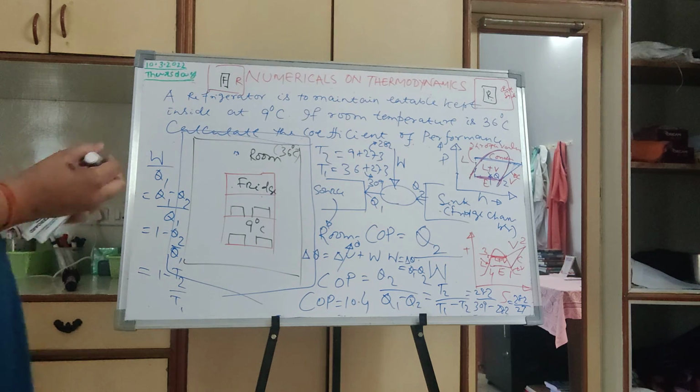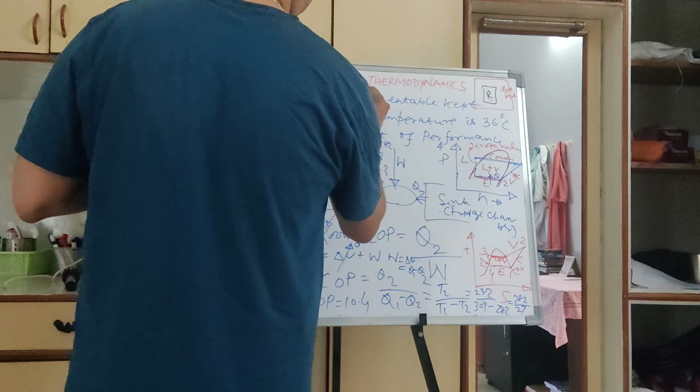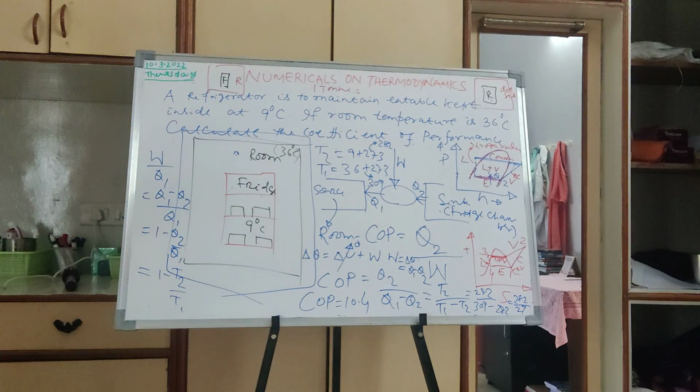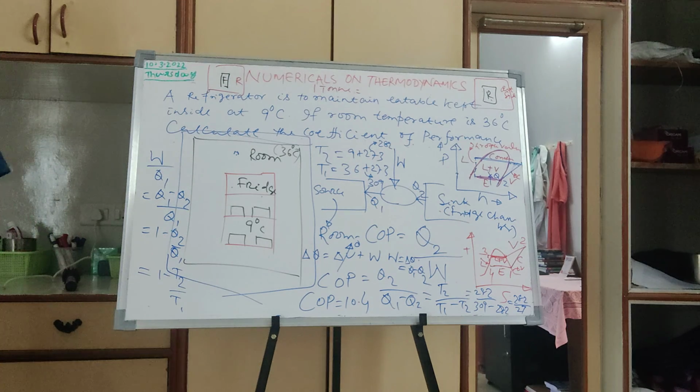Okay. Tonnage. So what does a 1 ton refrigerator mean? It is the amount of heat taken to convert 1 ton of ice to 1 ton of water. Okay, that is the latent heat of melting or whatever. 1 ton means 1000 kg.